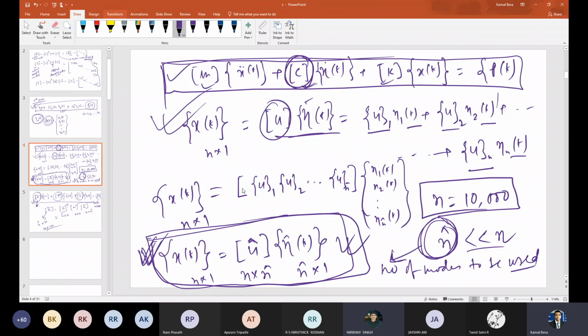Correct, that is what I am going to tell you. There is a basis for how many modes to include. As I already mentioned, for structural vibration the initial few modes are highly important. There is a terminology called the modal contribution factor, which says how much the modes contribute.